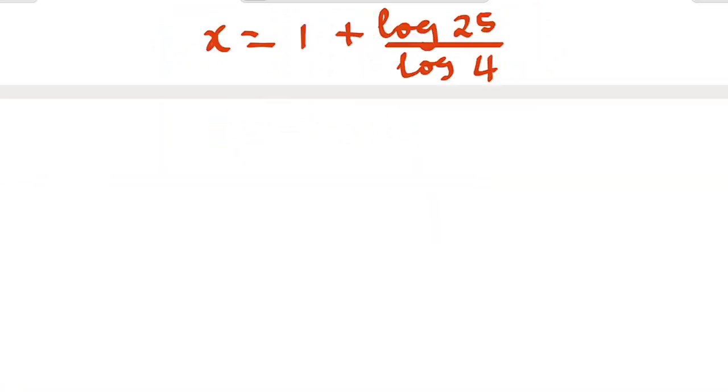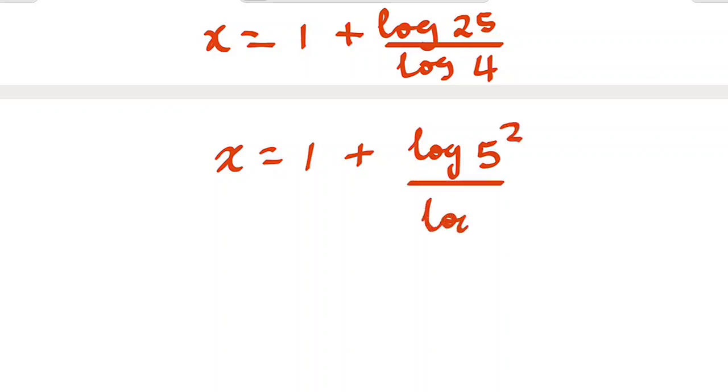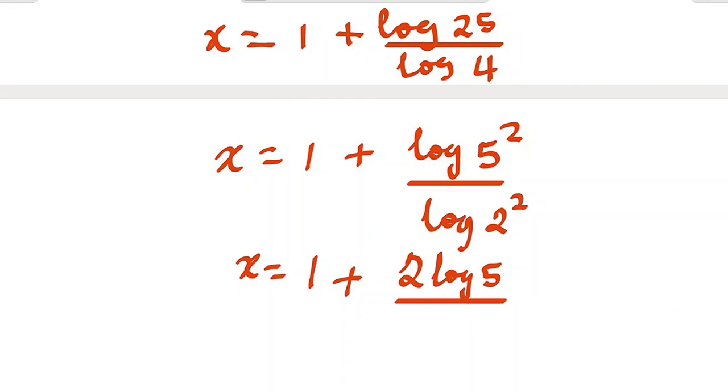Now moving on, we have x equals 1 plus log 5 to the power of 2 divided by log 4, which is log 2 to the power of 2. So we have x equals 1 plus 2 log 5 divided by 2 log 2.